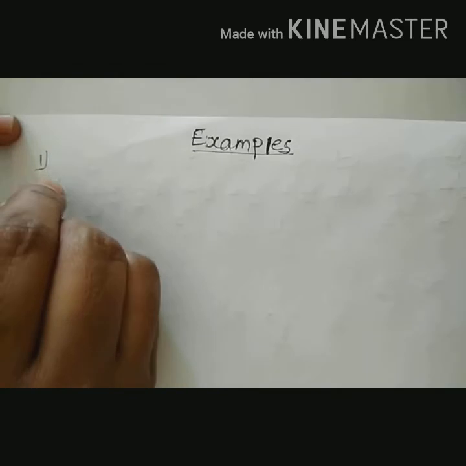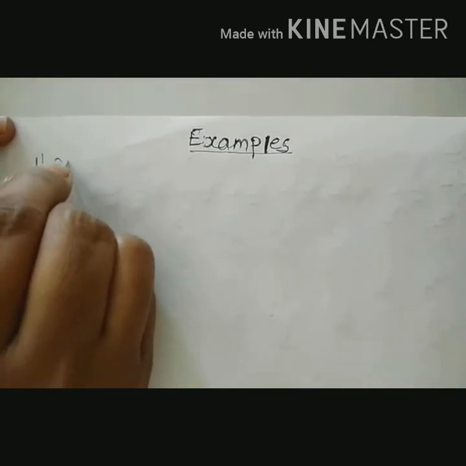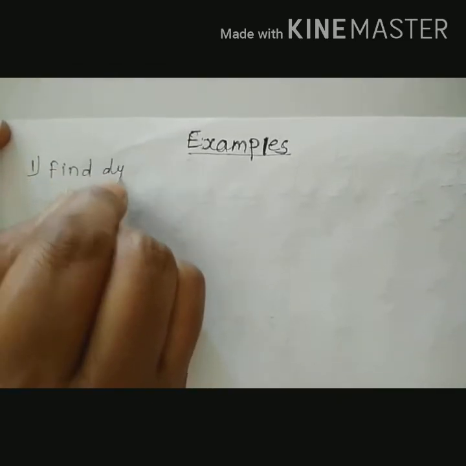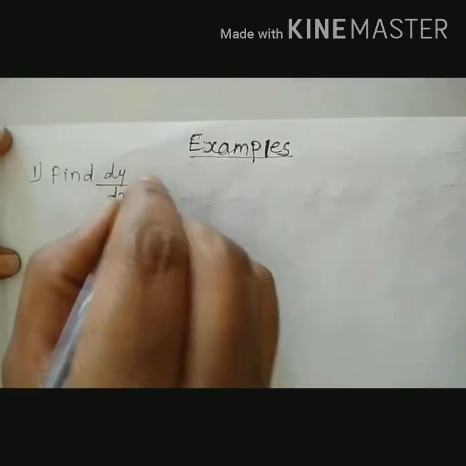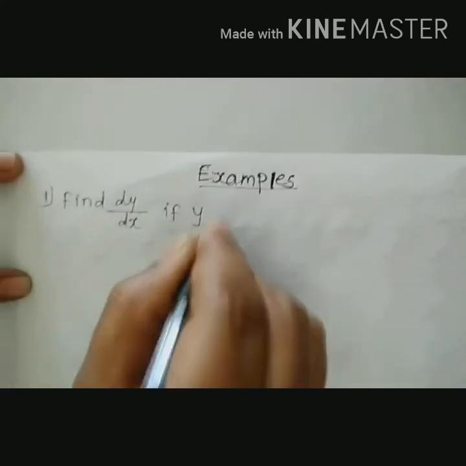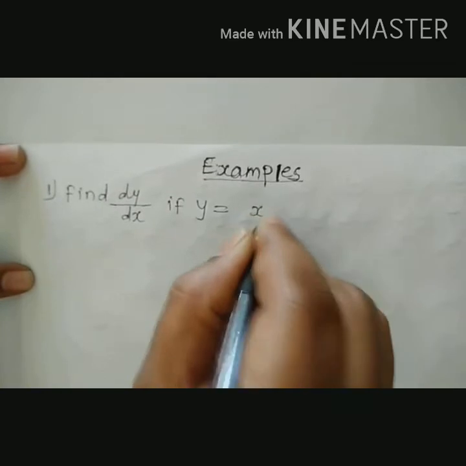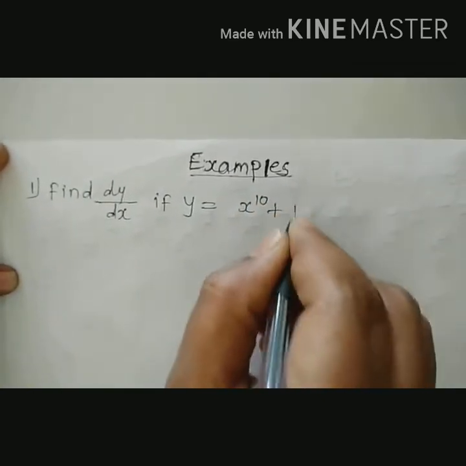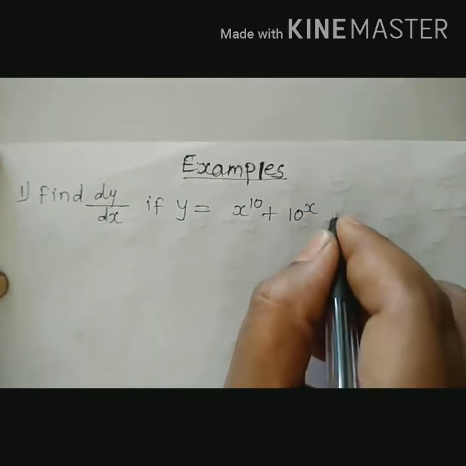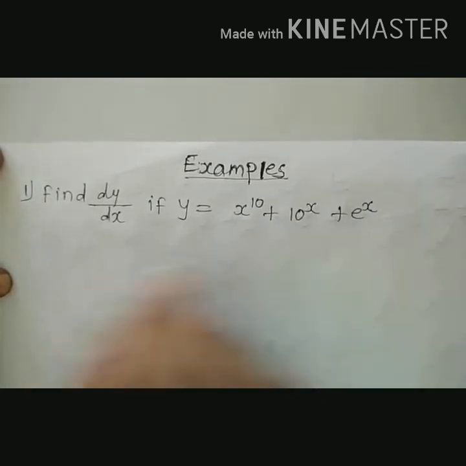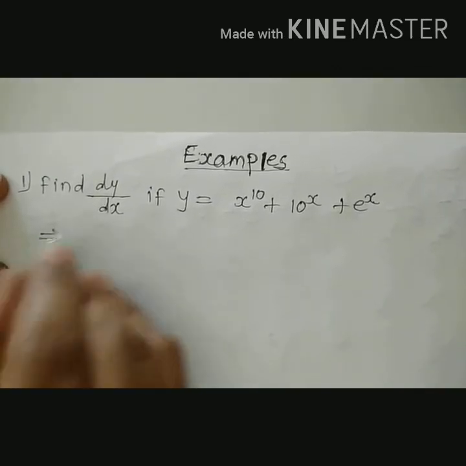Now we see some examples. Find dy by dx if y equals x raised to 10 plus 10 raised to x plus e raised to x. Now how to solve?